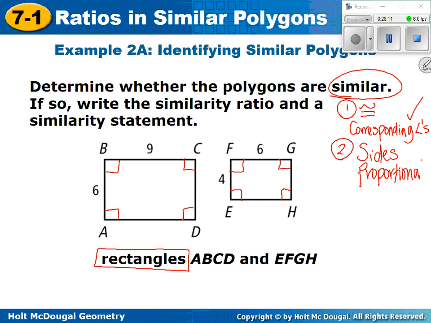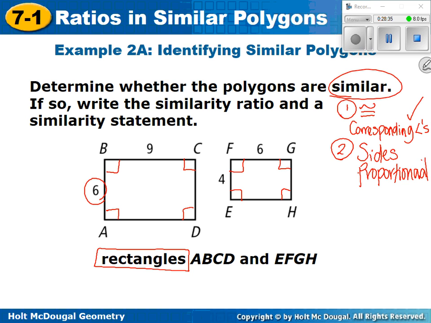Now, do I know which sides to match up if I don't know yet if these are similar? No. But what I can do is I know if they're going to be similar, that the bigger sides have to match up and the smaller sides have to match up, right? So when I look at my picture, what's the smallest side over here? 6.